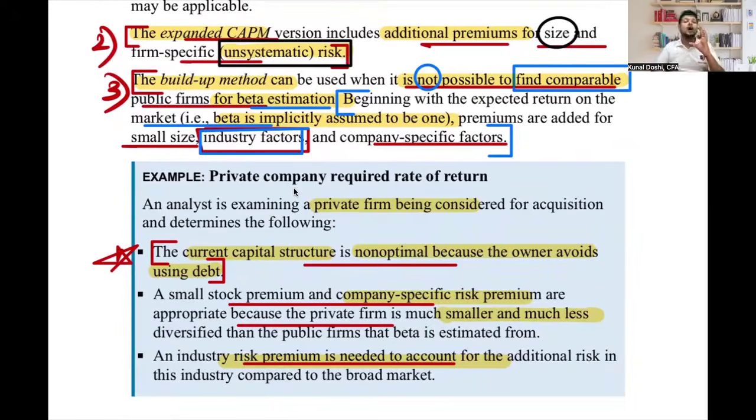When it is not possible to find a comparable, we are going to assume the beta is implicitly 1 and then adjust for the size, marketability, or any other premium. So here we are going to adjust for size, for industry factor. Why? Because we might take the beta of the index, which is always 1. Correct? And then the company specific factor.